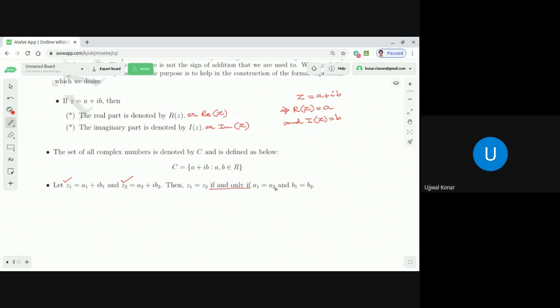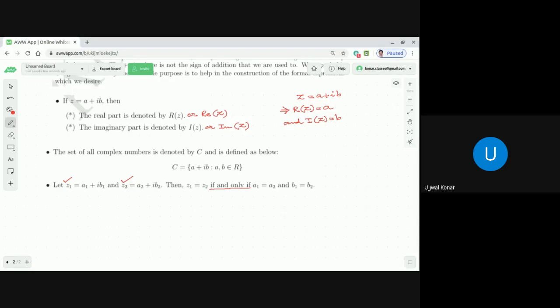What does it mean? It means that if z1 and z2 are equal, then the real part of z1 has to be equal to the real part of z2, and the imaginary part of z1 has to be equal to the imaginary part of z2. And the converse is also true.